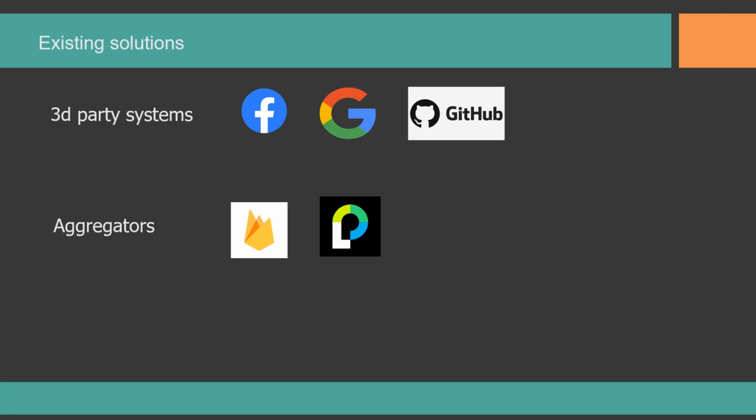And that's where aggregators come in handy. Rather than having to implement the same thing several times, they would just allow you to activate some of those third-party systems, often with just a click, to be honest. That's the case of Firebase. Another very famous one is called Passport.js.